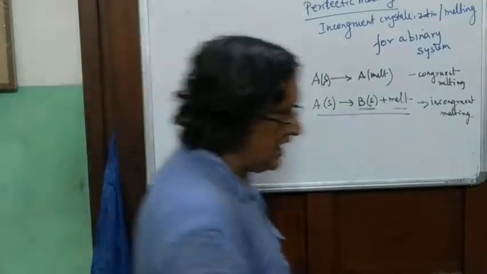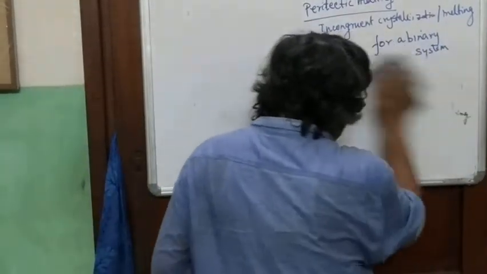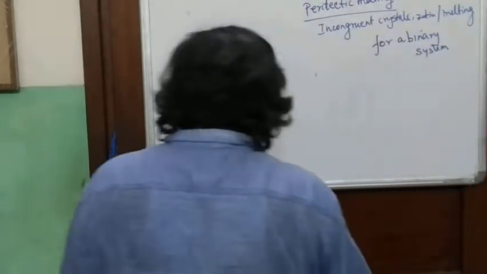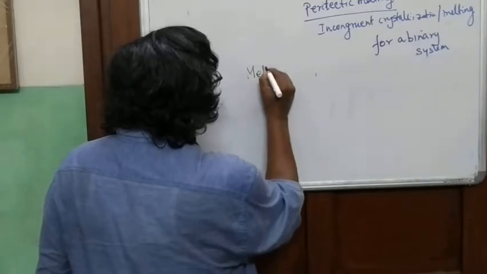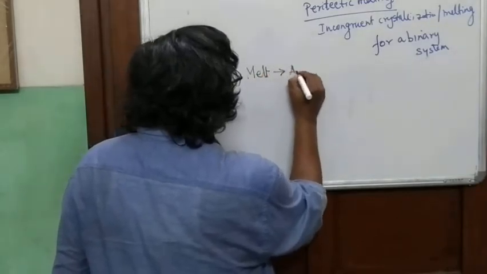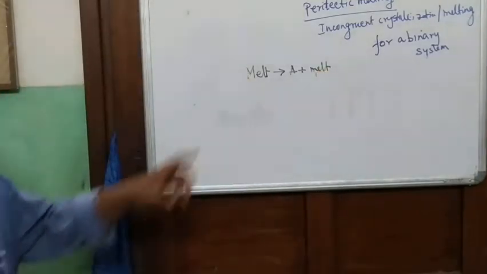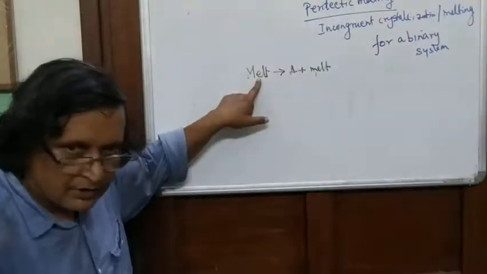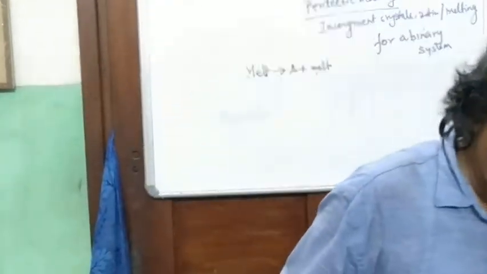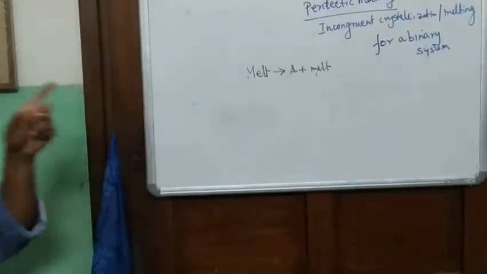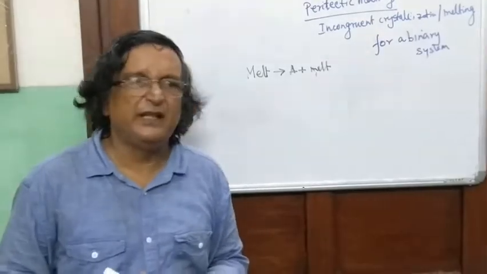Opposite is crystallization. What is it? You have a melt and it crystallizes into A plus melt. That's crystallization. You have a melt which crystallizes A and a melt. So this melt composition and this melt composition are not one and the same.